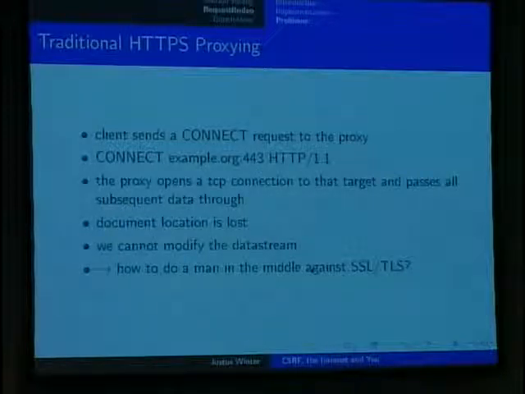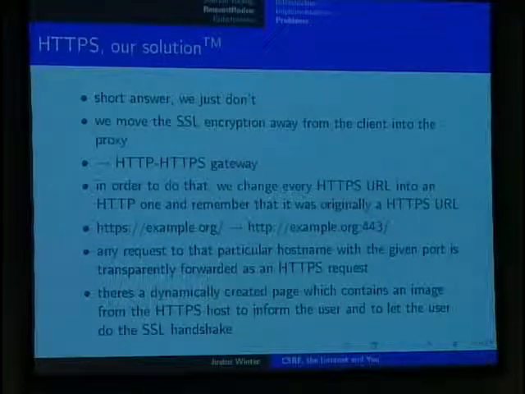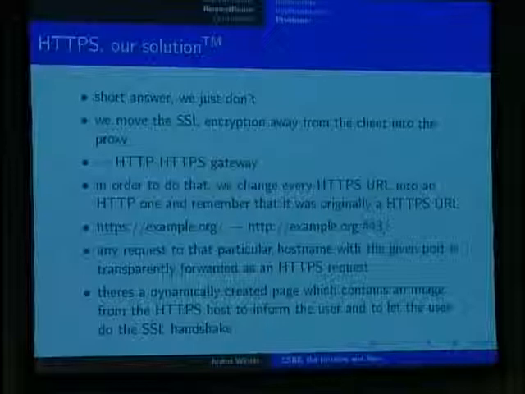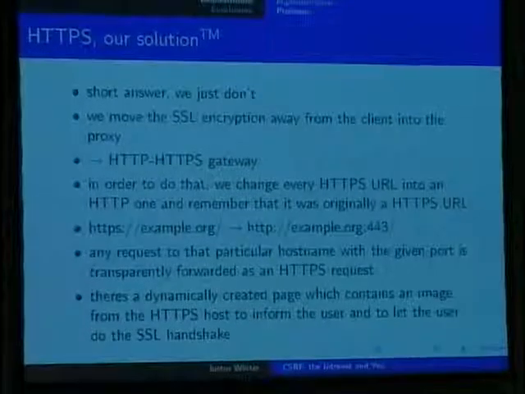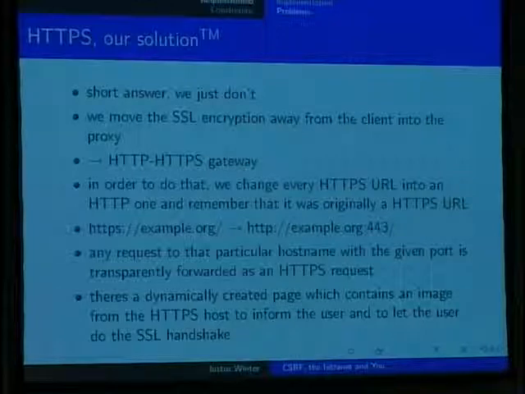We need to modify our stream, and we need to parse our stream. So, how do we do that? It's simple. We remove the SSL layer from the client to the proxy. So we just act as an HTTPS gateway. This has been done before. It's nothing new, but I haven't seen it in an open source application.